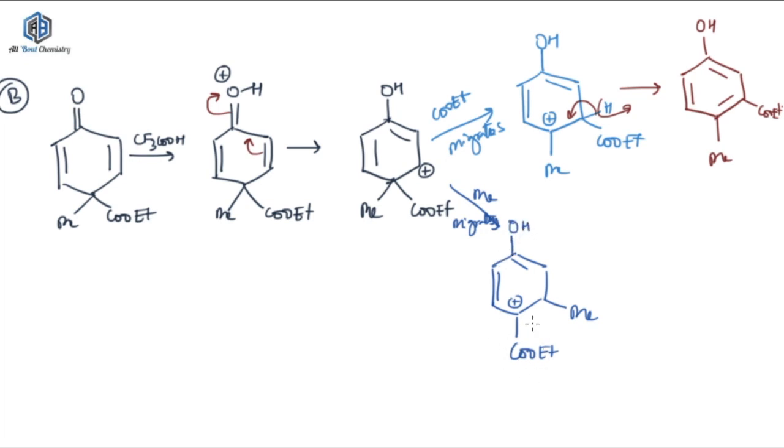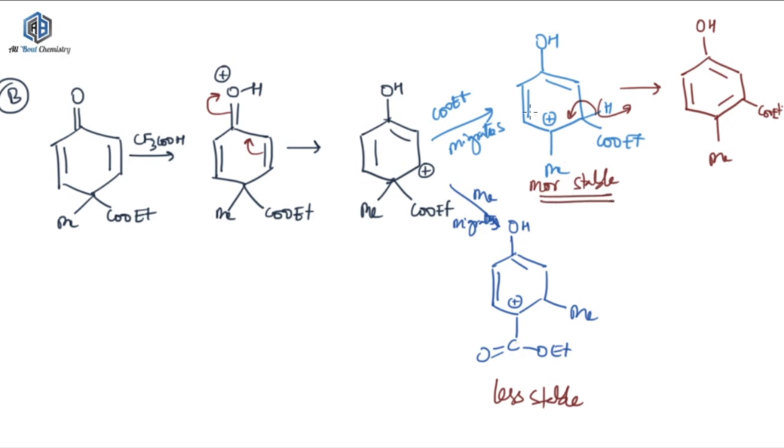Now this particular carbocation is a less stable carbocation, right? This carbocation is less stable because of the carbonyl group present at this position. If I show you, this is how it will look like. So C double bond O OEt. So due to the presence of this particular group, this carbocation becomes less stable. Whereas over here in this step, if you look upon the carbocation, this is a more stable carbocation, right?